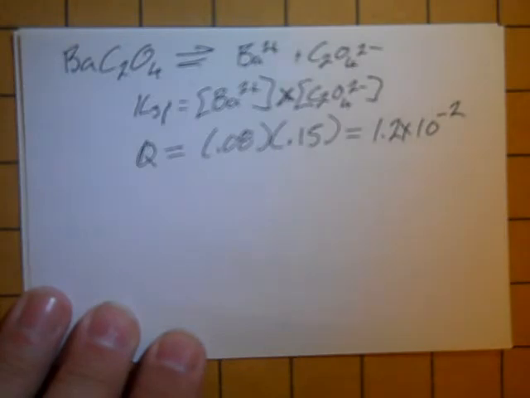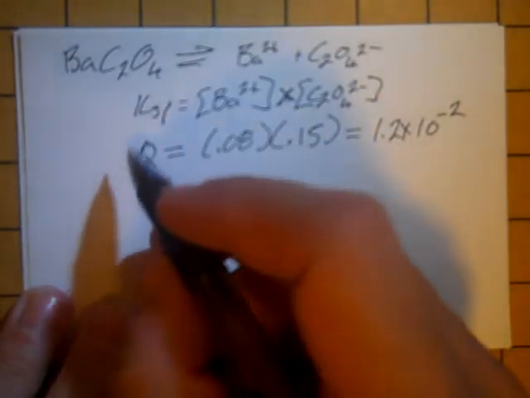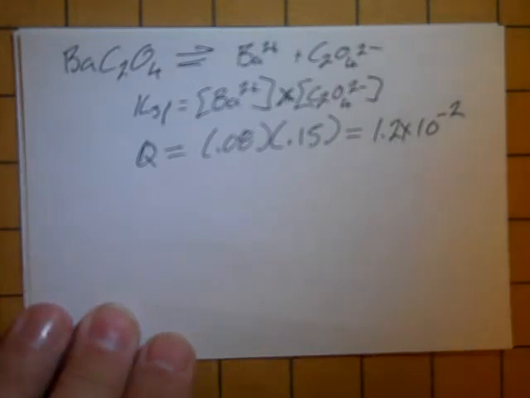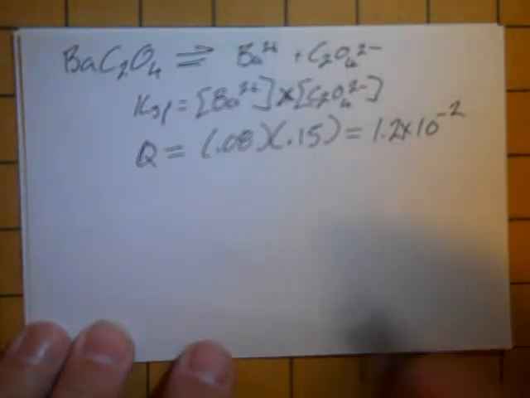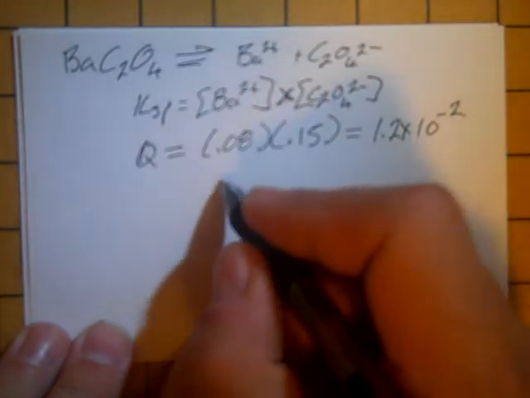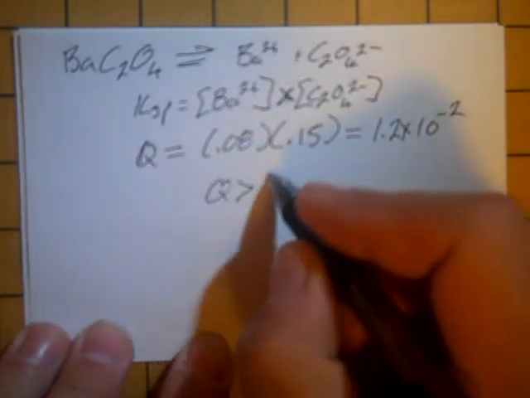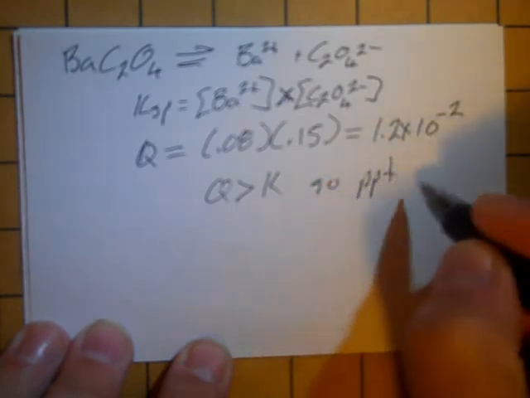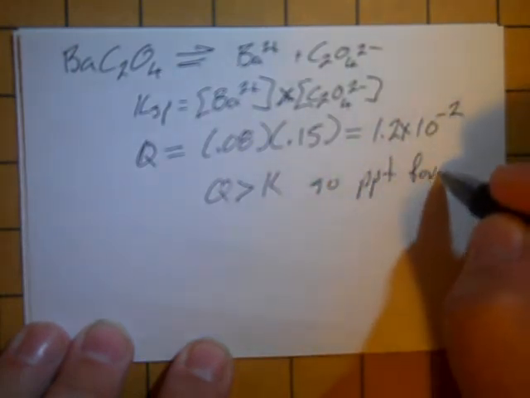Since the Ksp for barium oxalate is 1.6 times 10 to the minus 6, I looked it up in the back of the book, Q is greater than K, so a precipitate forms.